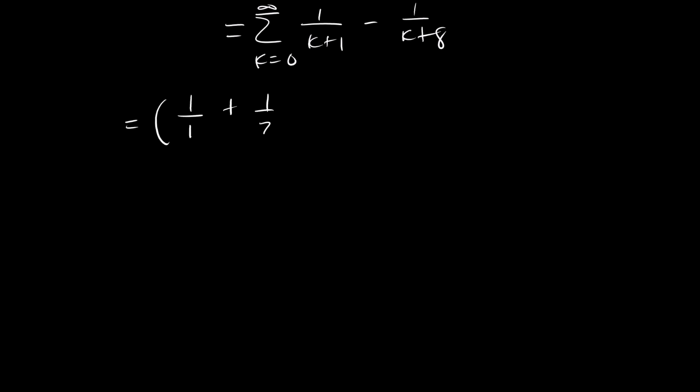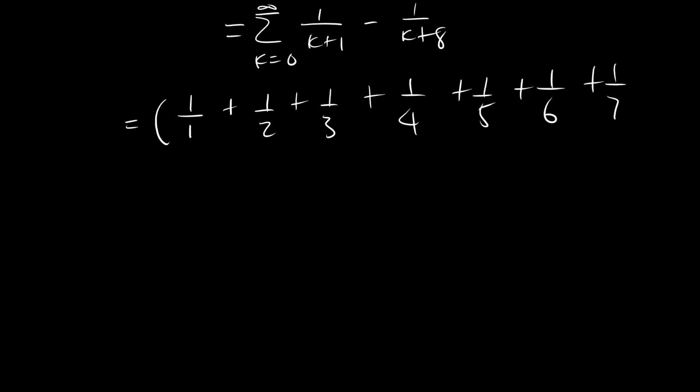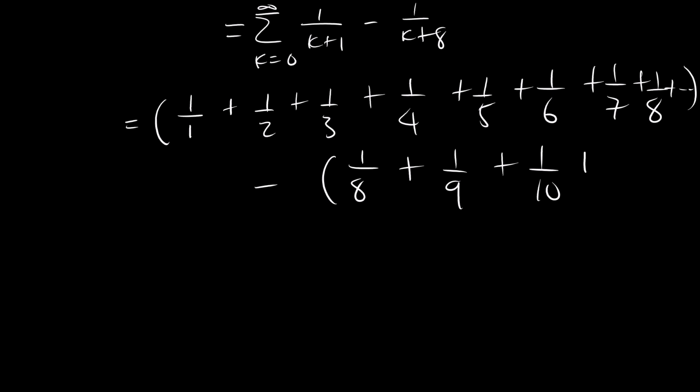So if our integral has gotten us to this interesting sum, this is really 1 over 1 plus 1 over 2 plus 1 over 3 plus 1 over 4 plus 1 over 5 plus 1 over 6 plus 1 over 7 plus 1 over 8 and so on, minus 1 over 8 plus 1 over 9 plus 1 over 10 and so on and so on.